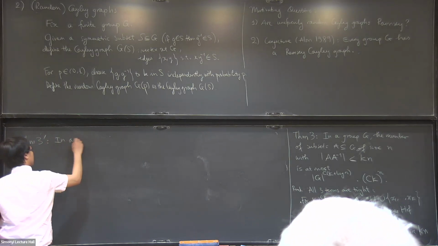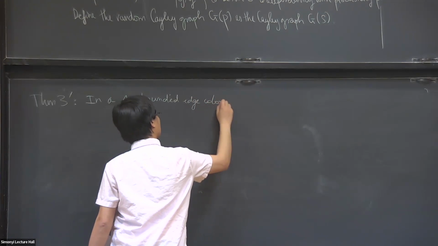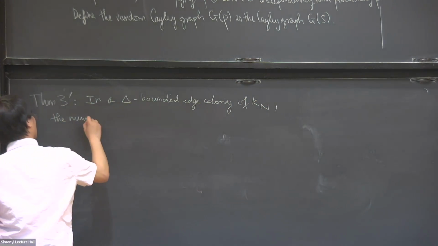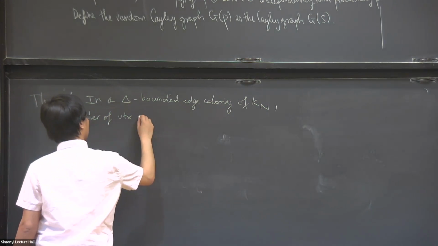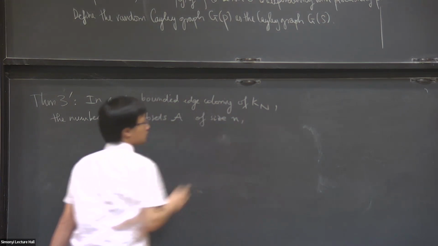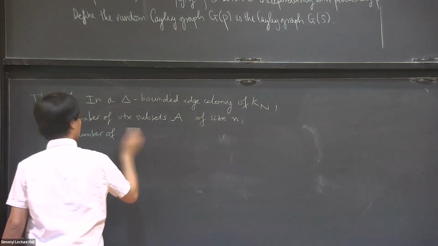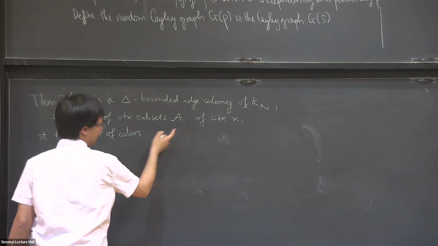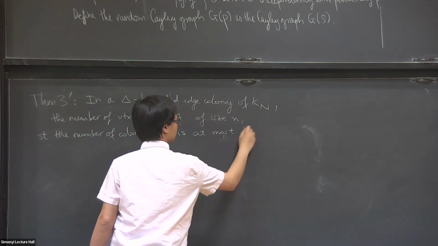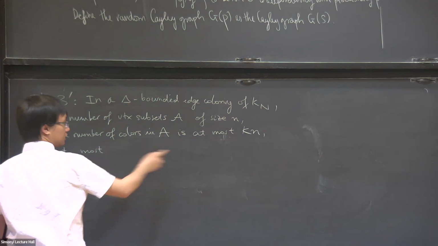In a delta-bounded edge coloring of Kn, the number of vertex subsets A of size n, and for which the number of colors appearing among the edges in the set A is at most k times little n, is at most the same bound we have over there.